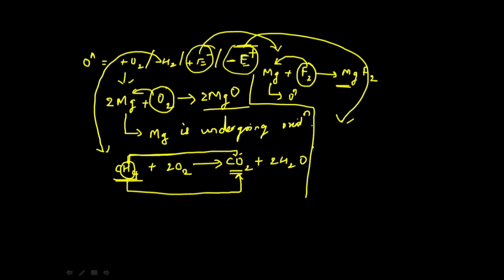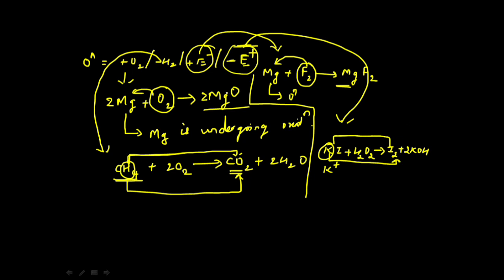Example, potassium iodide plus hydrogen peroxide giving iodine plus 2 moles of potassium hydroxide. In this case, which is the electropositive element? Potassium. Potassium is an electropositive element, that exists as K plus. So this potassium has been removed. So this is an example of oxidation reaction.